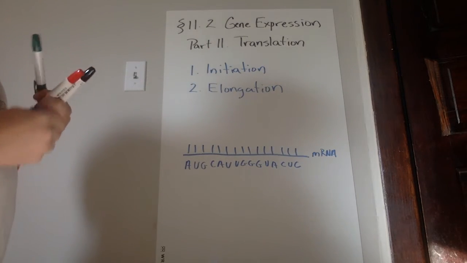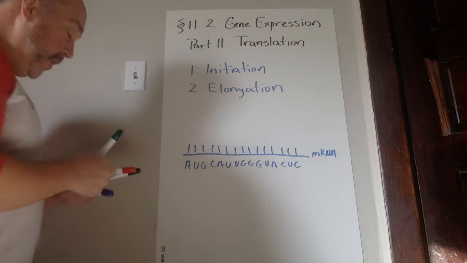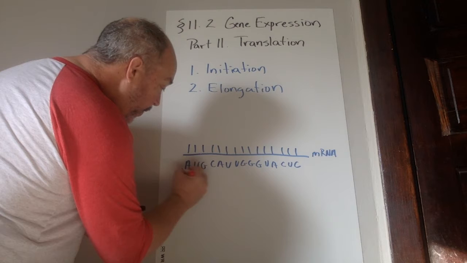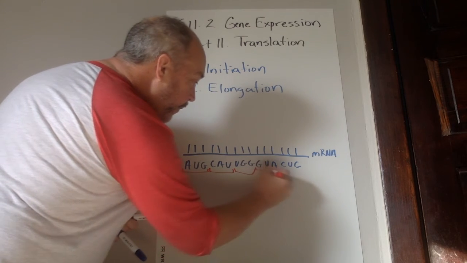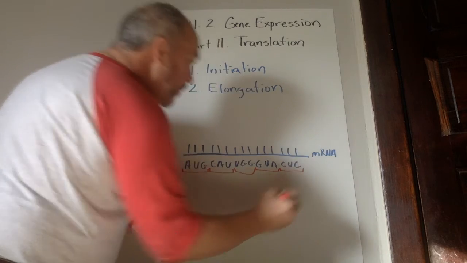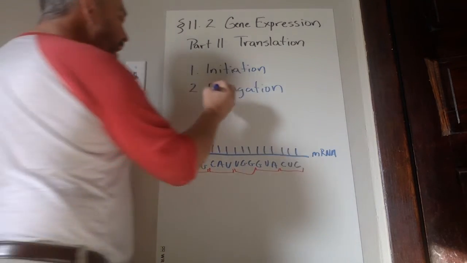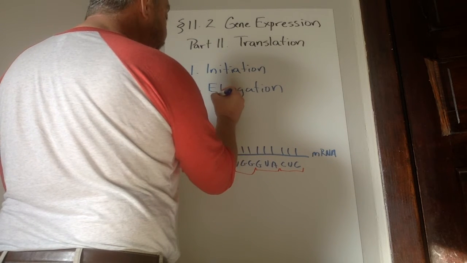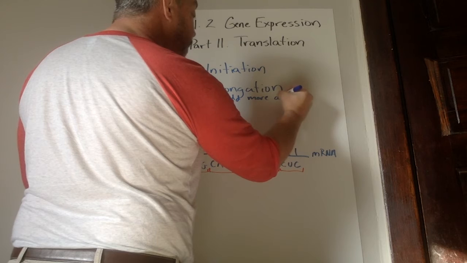Let's just say that that's our mRNA message. We have 5 codons. So here's the first codon, here's the second codon, here's the third, here's the fourth, here's the fifth. During elongation, the only thing that happens is we're going to add more amino acids.